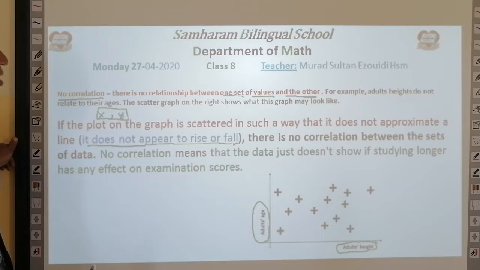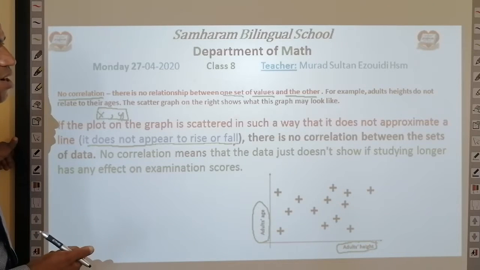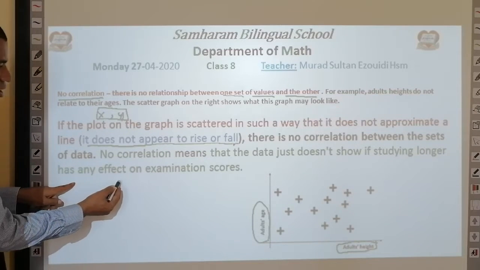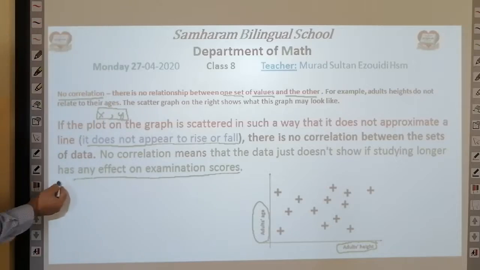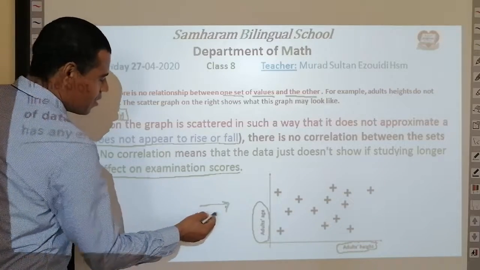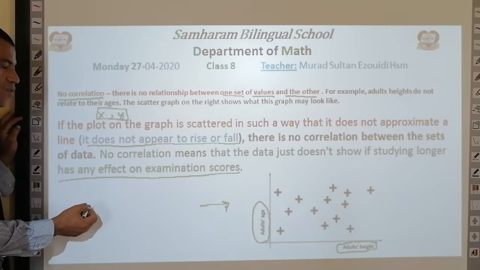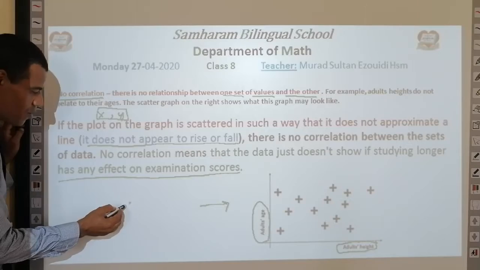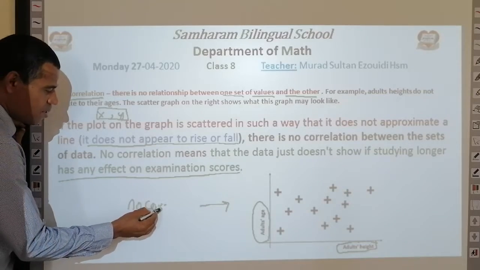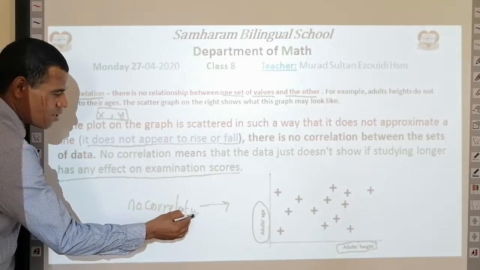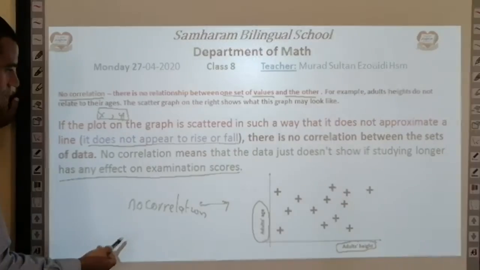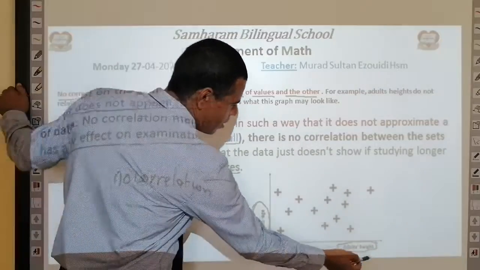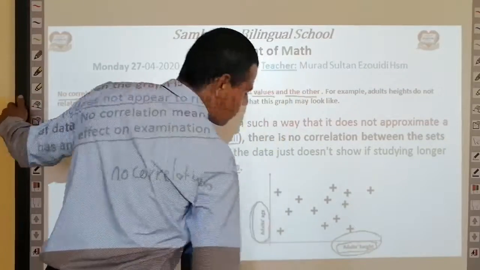No correlation means that the data does not show if studying longer has any effect on examination score. So no correlation means there is no relationship between x and y. There is no relationship between the age of adults and the height of adults.